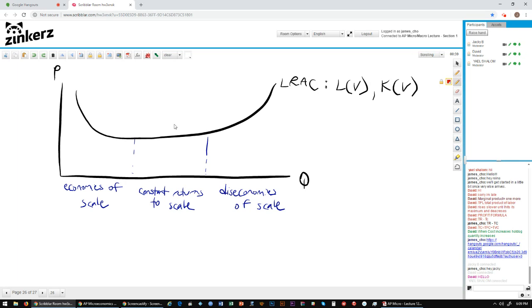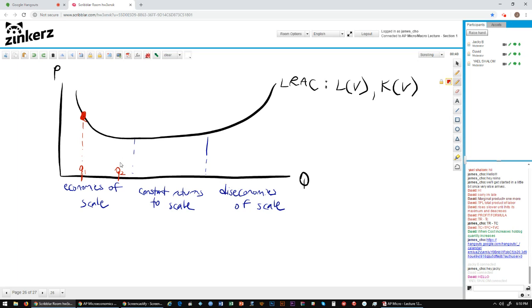In this first little region of economies of scale, what's better for my company? Q1 or Q2? Now think to yourself, by better for your company, just think of which one is cheaper on average for my company, producing Q1 units or producing Q2 units. Here's the long run average cost for Q1.